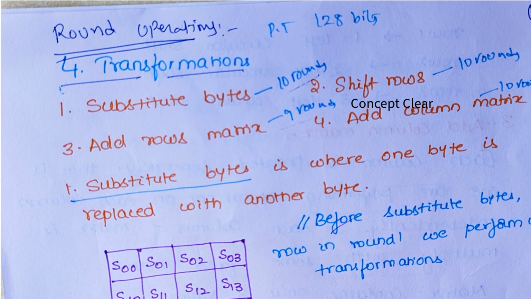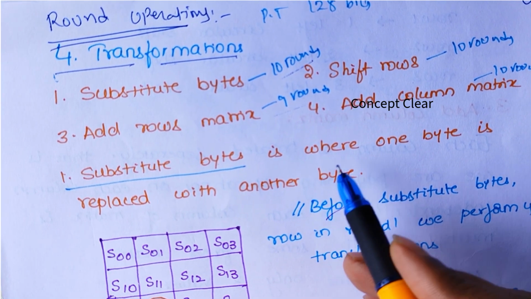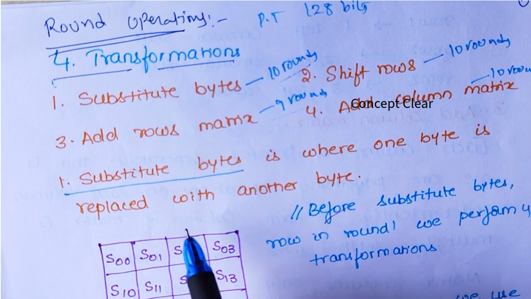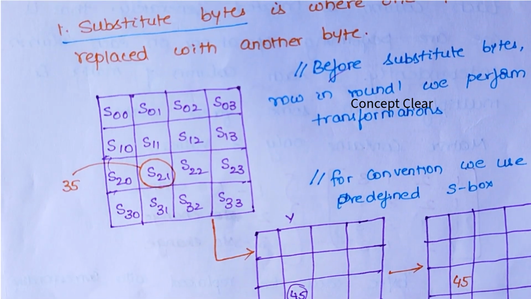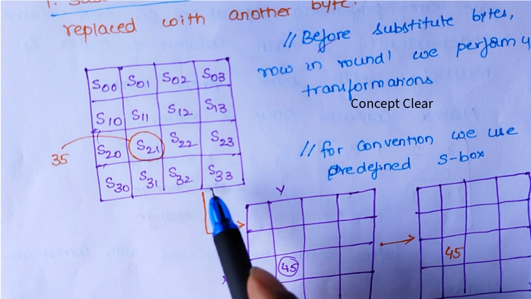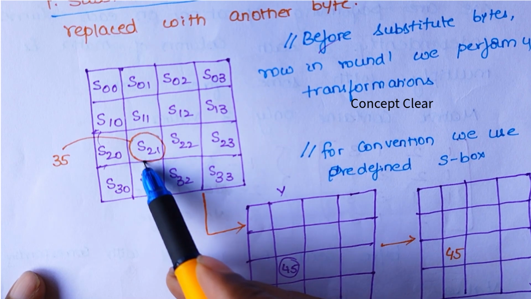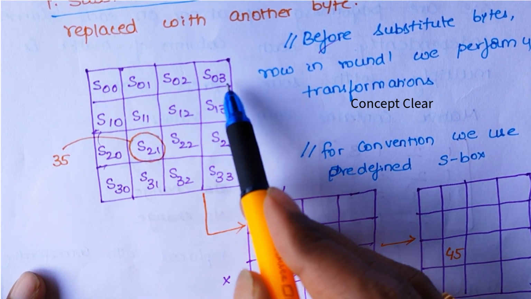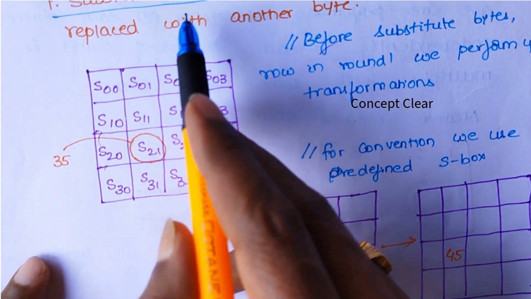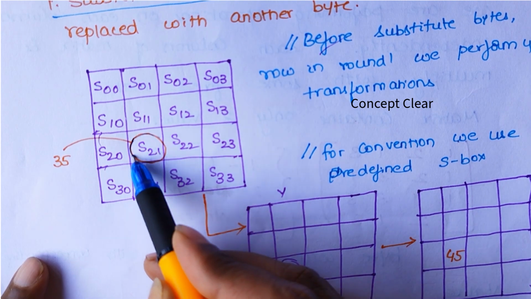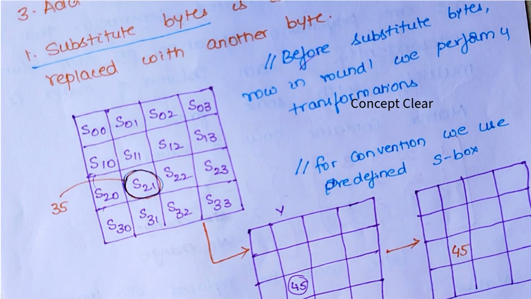What is substitute bytes? It is the first transformation. Here one byte is replaced with another byte. For example, this is a 4 into 4 matrix, with entries S00, S01, S02 and so on. Substitution of bytes means one byte is replaced with another byte.